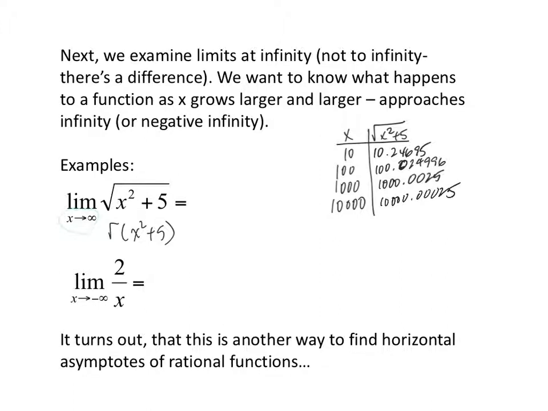Okay, so as my sequence of inputs approaches positive infinity, my sequence of outputs also is growing larger, right? 10, 100, 1,000, with some fractional part, but still the idea is it grows to infinity. So that is our answer. The limit as x approaches infinity of the square root of x squared plus 5 is infinity.